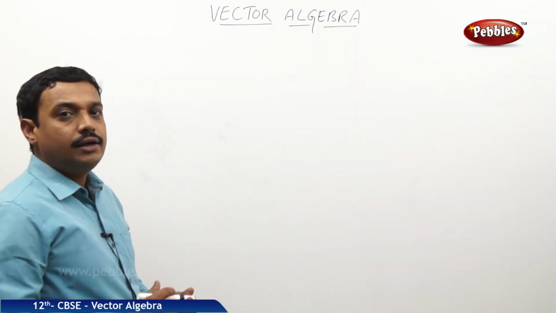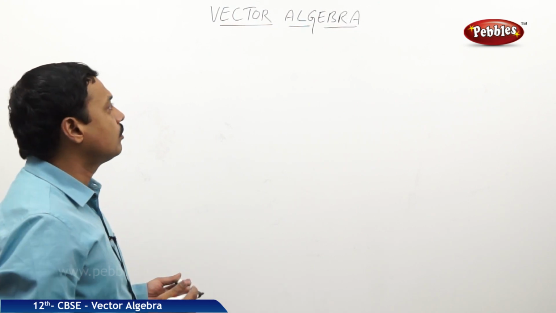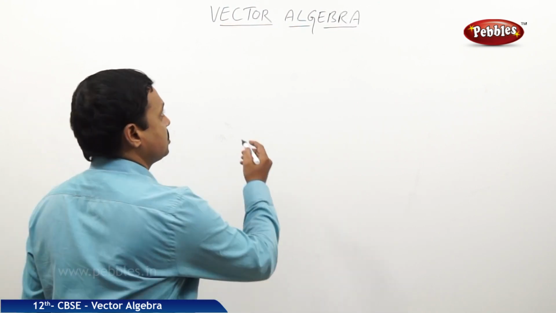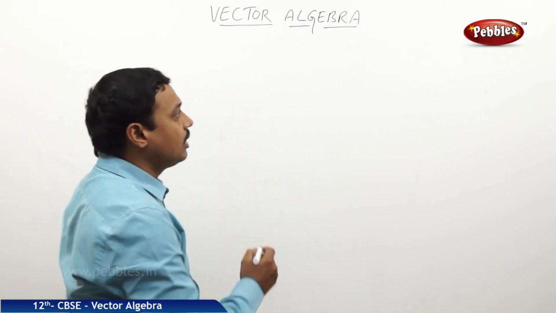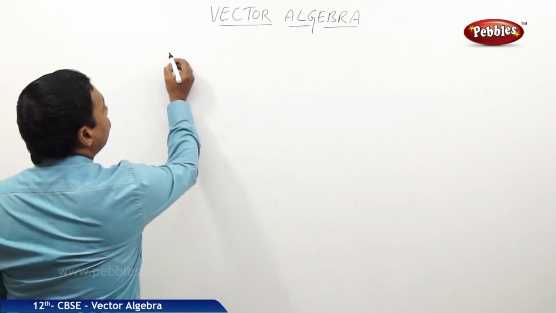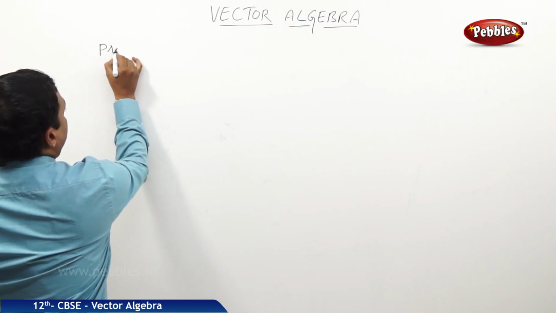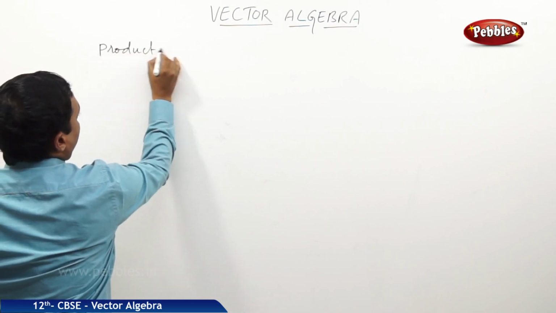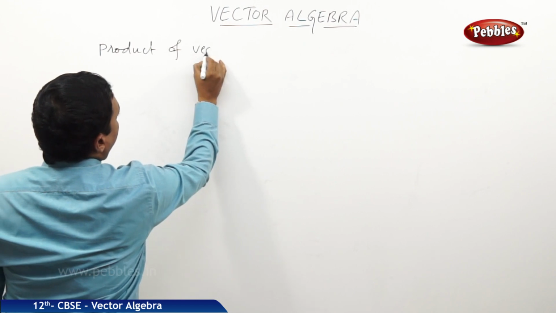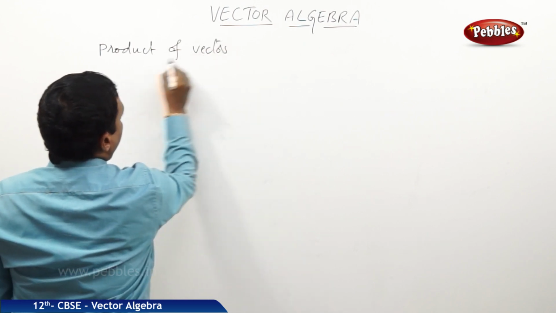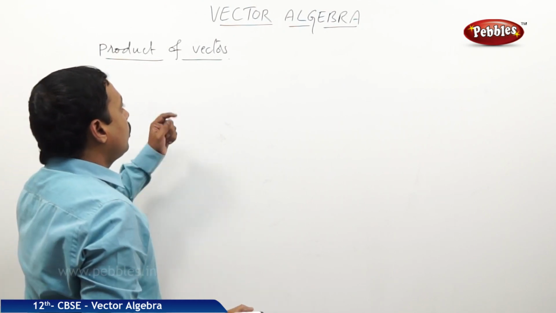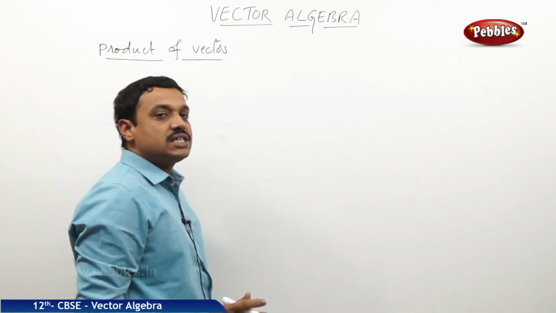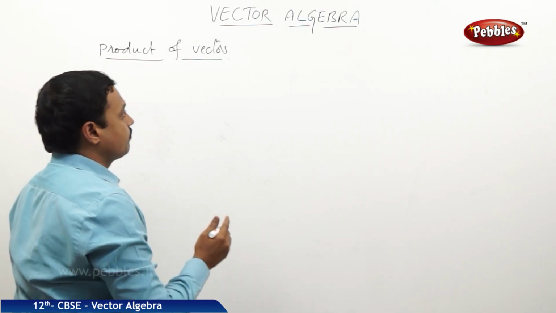We have studied the addition of vectors in the last session. Now we are going to define the product of vectors. The product of vectors means the multiplication of two vectors.